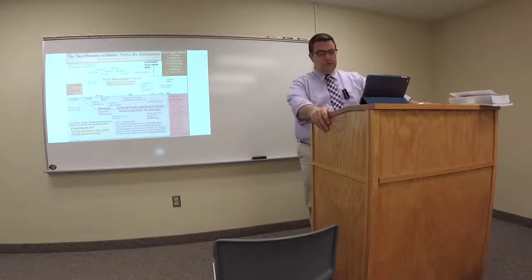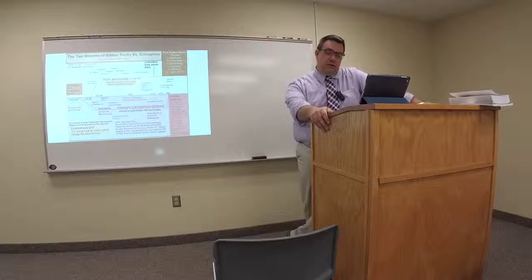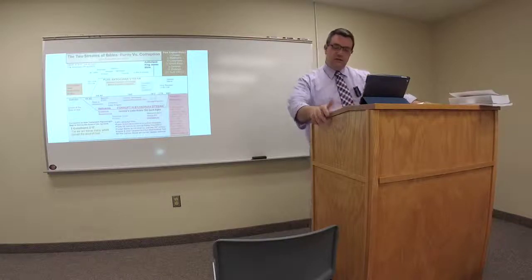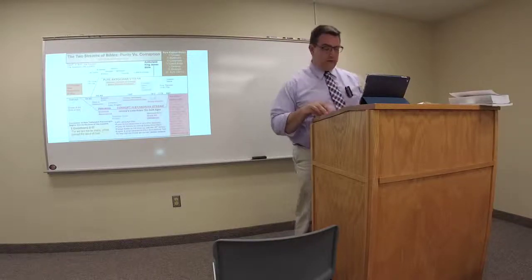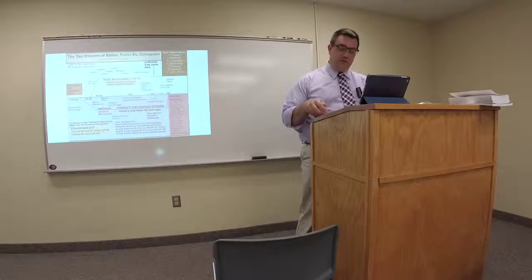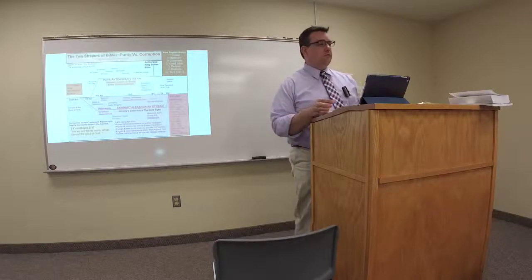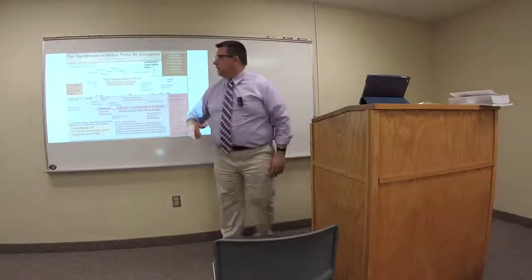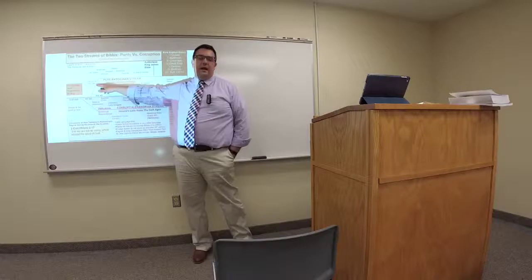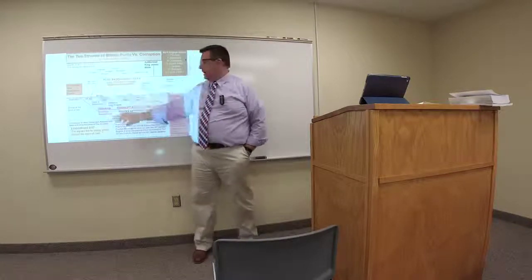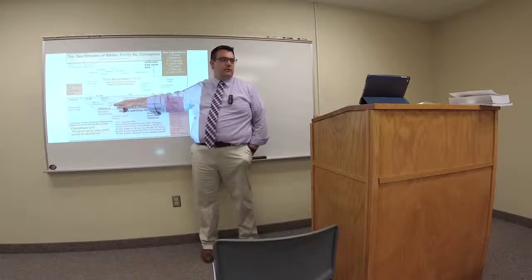Today, back to the notes, I would like to look at what happened when I went public with my private misgivings regarding the two streams of Bibles paradigm. Simply stated, this portion of my research centered around the alleged dichotomous placement of the Old Latin and Latin Vulgate in opposing streams of transmission. If you look at the chart here, you'll see the Old Latin in the pure stream and the Vulgate down here in the corrupt stream.